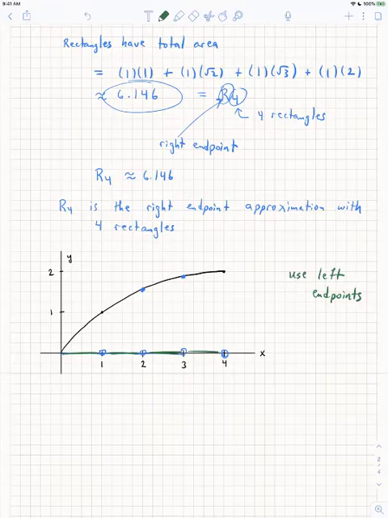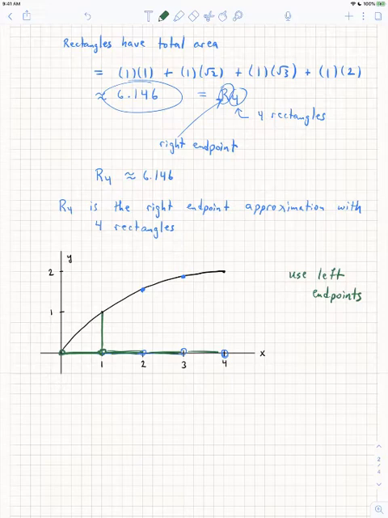So on the first interval, from 0 to 1, I'm going to not use the right endpoint, but the left endpoint. Now, the left endpoint is 0 in height, or is at 0. So there is no height here. So this is just going to be a flat rectangle. For the second one, from 1 to 2, I'm going to use the left endpoint, which is 1. And again, I'm going to draw a line segment straight up until I hit the curve, like so.